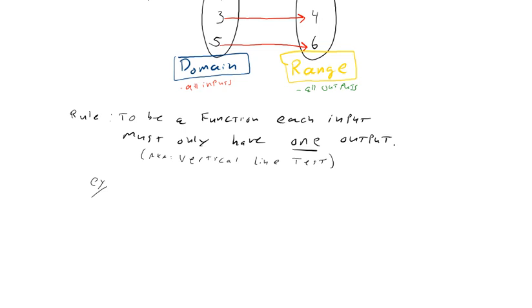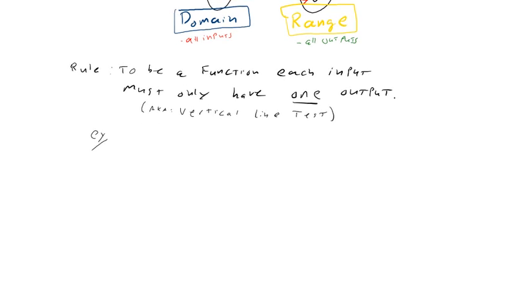Say we have a table. Let's represent a function like a table, x and y. Say I have the number 1 going to -3, 2 going to 6, 5 going to 0, 2 going to 7, and 9 going to 1.